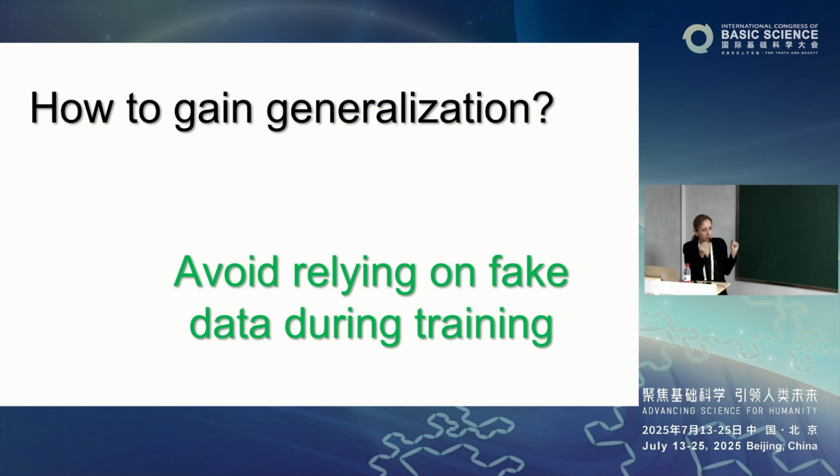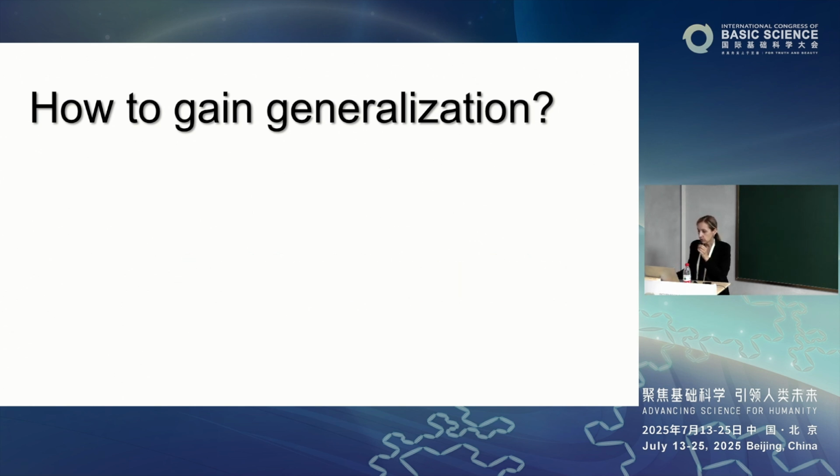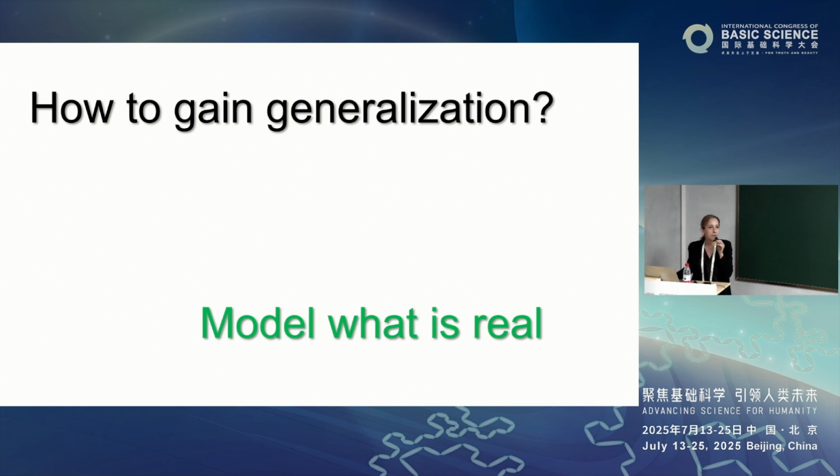So what we said is, okay, if it is too difficult to generalize to all possible synthetic generative models, let's avoid relying on fake data during training. Let's try to develop a method that models what is real, and let's find fake or manipulated content because it is an anomaly with respect to the real model.